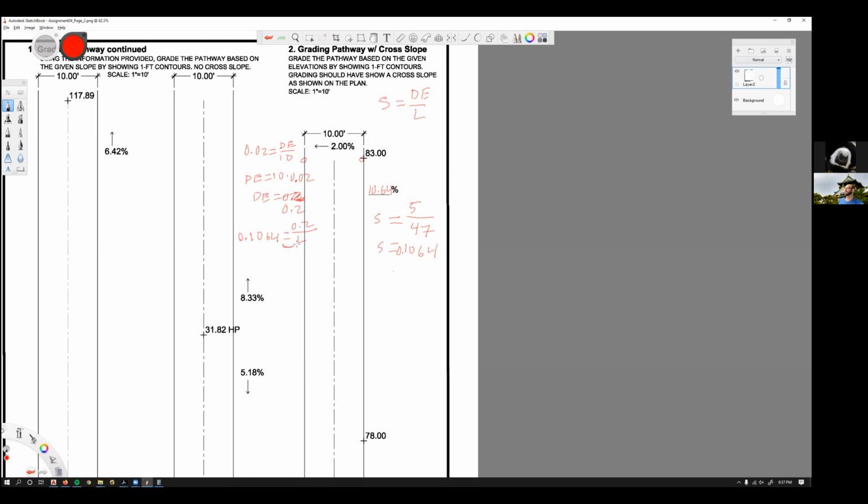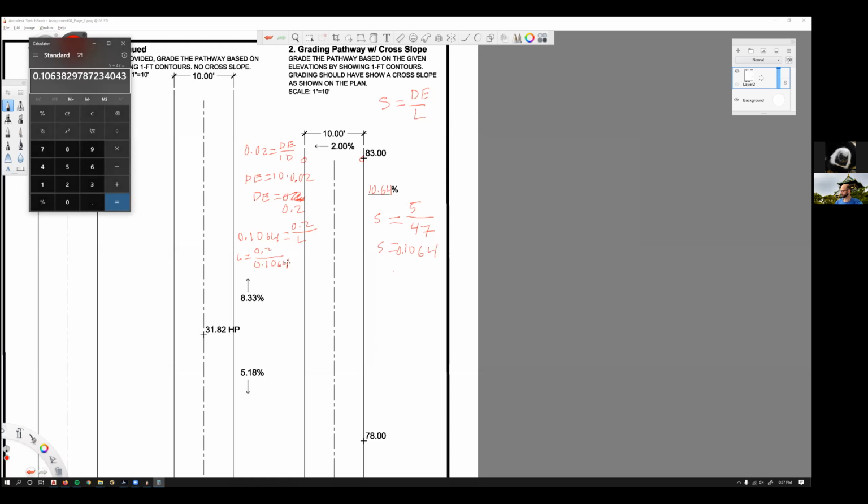The L and the slope switch places, so you have L equals 0.2 over 0.1064.